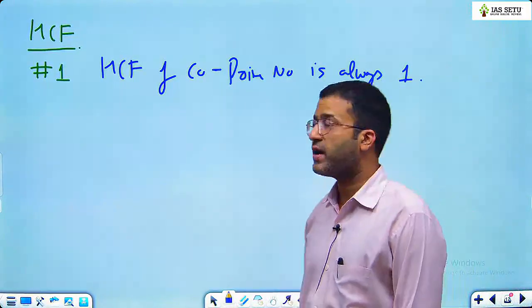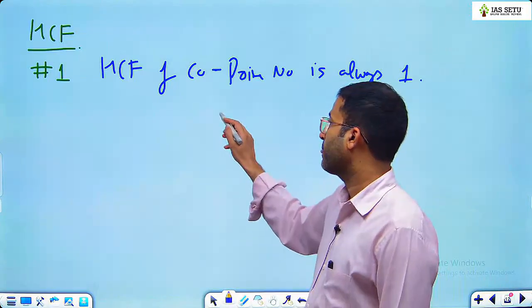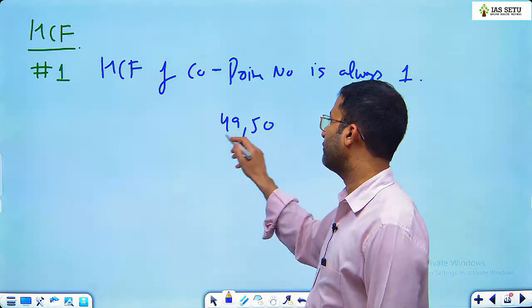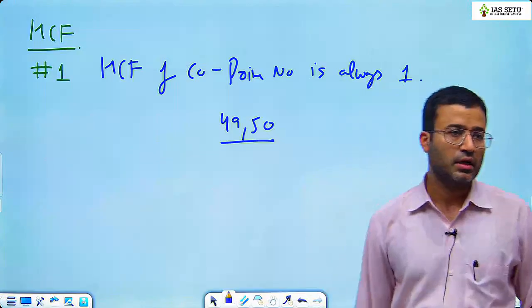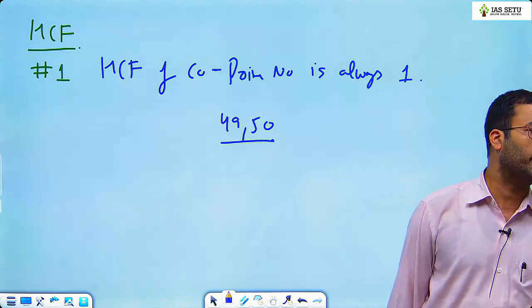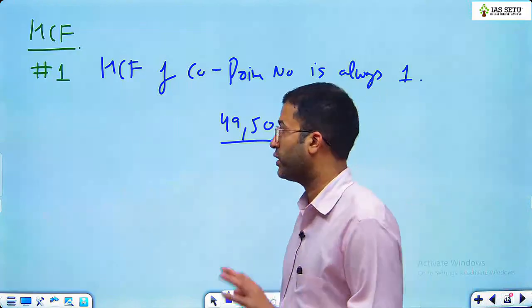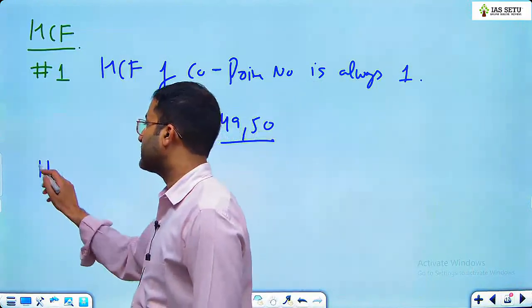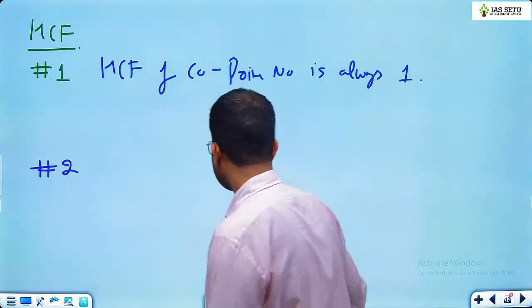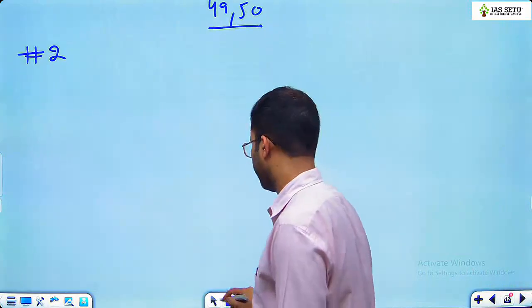If I ask you what is the HCF of 49 and 50, it is 1. And how come 49, 50 are coprime? 2 consecutive natural numbers. No need to waste your energy. Next is the second observation. First I explain with the help of an example, then I dictate.